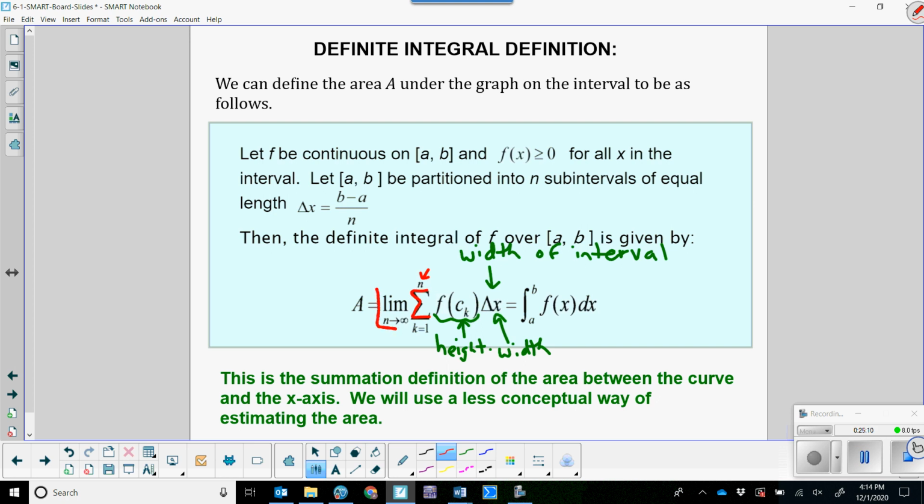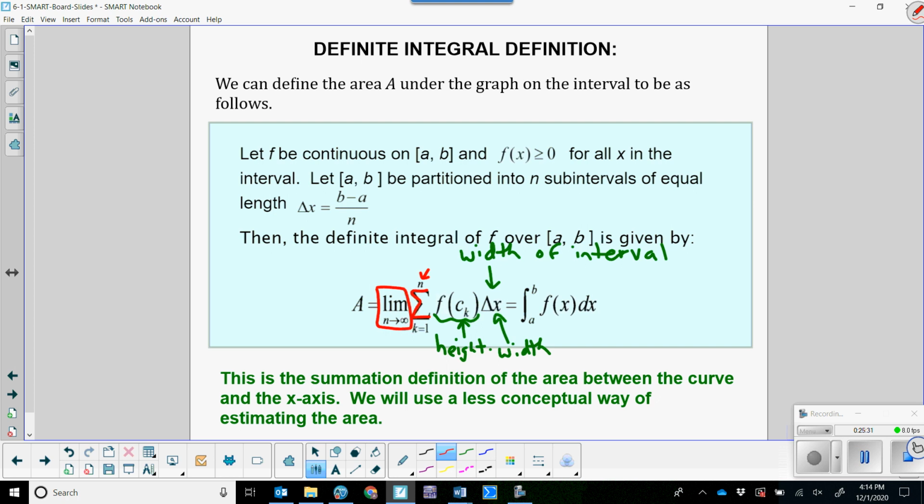But if we take the limit as n goes to infinity, that means we have an infinite number of rectangles, which means by that logic they have to be smaller. If I'm going to infinity, technically the width of each of those becomes no width.